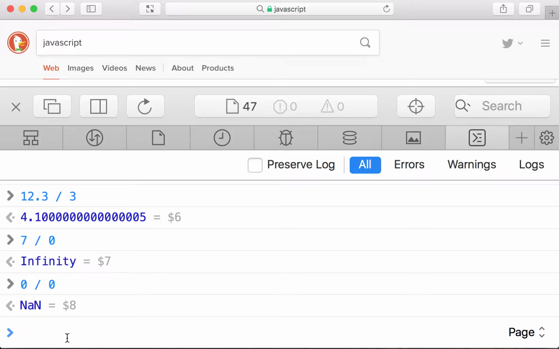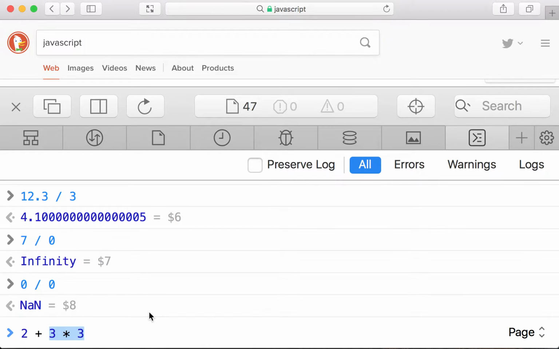I just want to end with the order of operations. We all know about it in math: if you have something like 2 plus 3 times 3, the first operation that has to take place is the multiplication, because it has higher precedence.